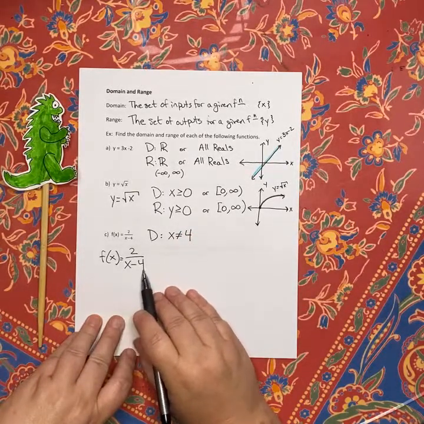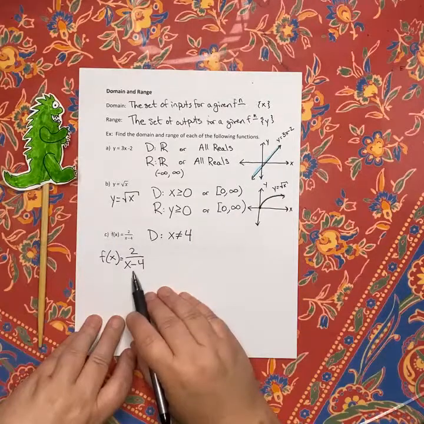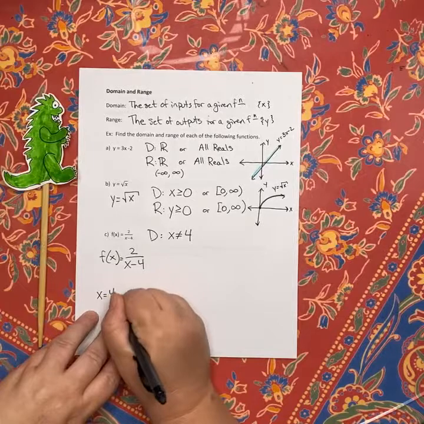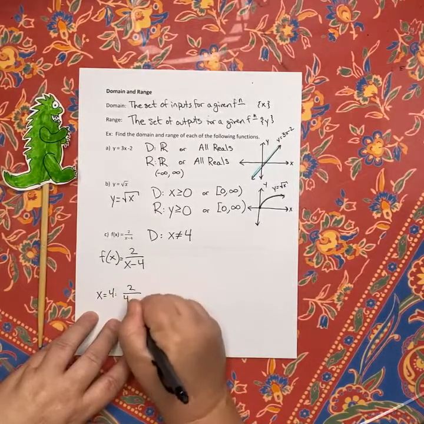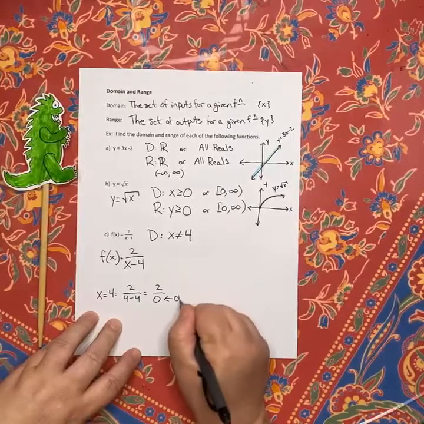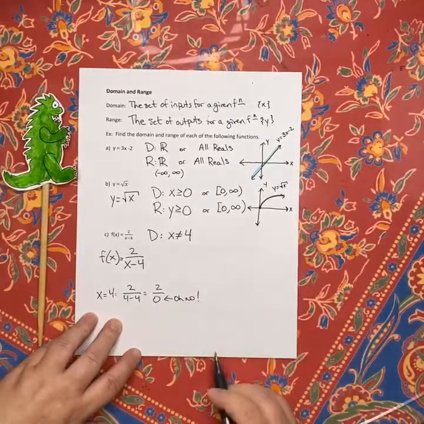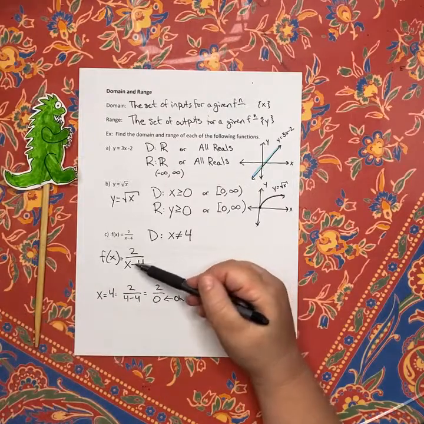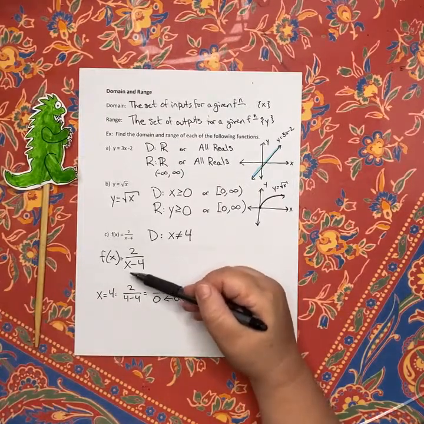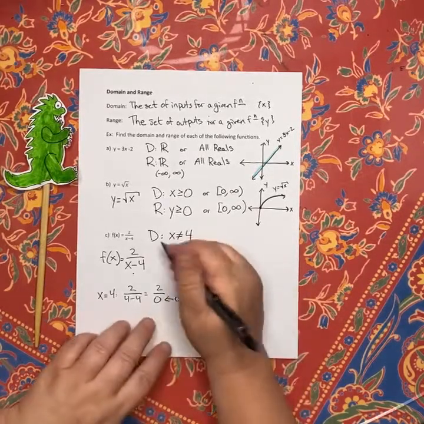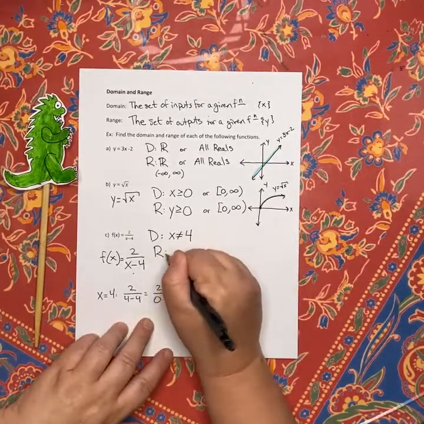Then it's 4 minus 4 in the denominator, and that's 0, and that's undefined. So with a rational function or a fraction, you have to worry about the denominator. Don't let x equal 4.